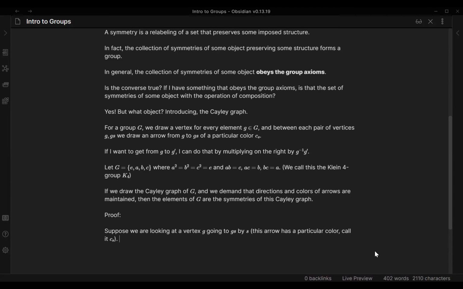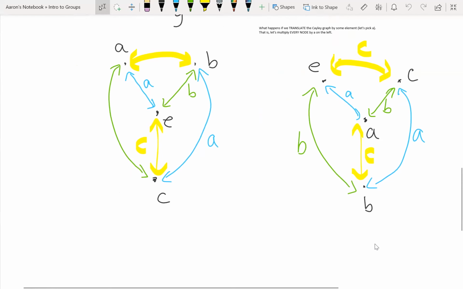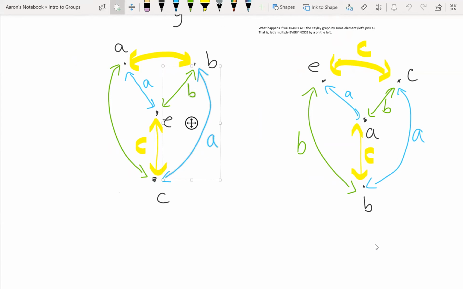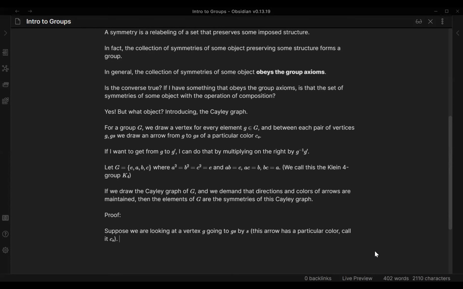We don't care what the color is, but it's associated with the element F. So that's like talking about this arrow, right? That's what we're talking about.